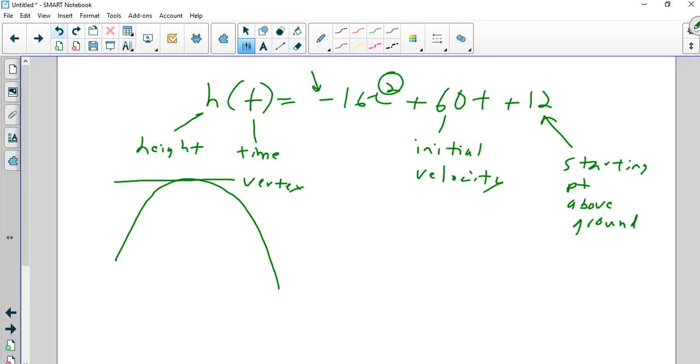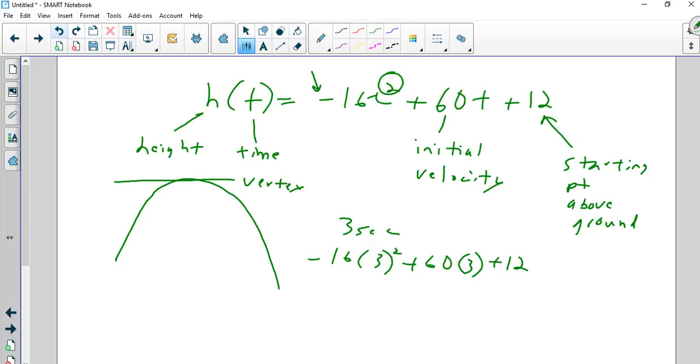But all we're doing right now in this section is just plugging in different amounts of time. So for example, I say, where will it be in 3 seconds? Well, all you're going to do is take 3 and plug it in for t, because that's time. So you're going to do the formula: negative 16 times 3 squared plus 60 times 3 plus 12. And then you're just going to crunch the numbers. So you're going to do 3 times 3, which is 9.